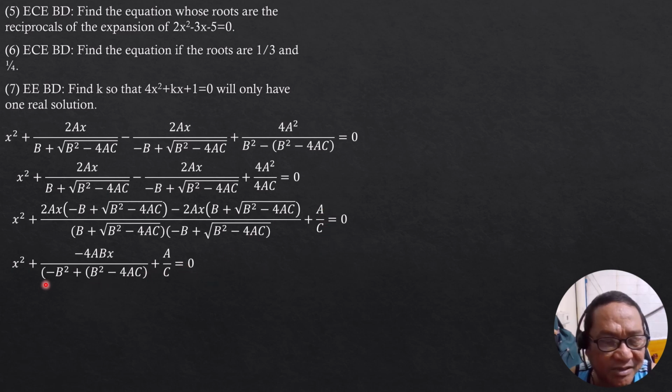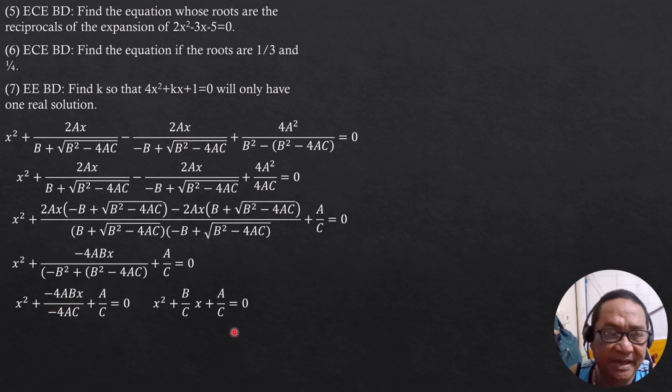Simplifying further, x squared minus 4abx over negative 4ac plus a over c equals 0. So we can cancel negative 4 and a. So that becomes x squared plus b over cx plus a over c equals 0. Multiplying everything by c, so cx squared plus bx plus a equals 0.